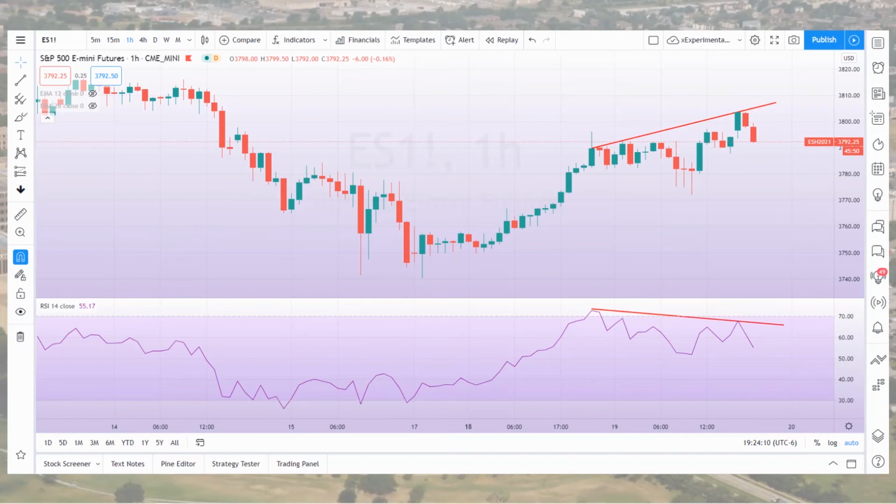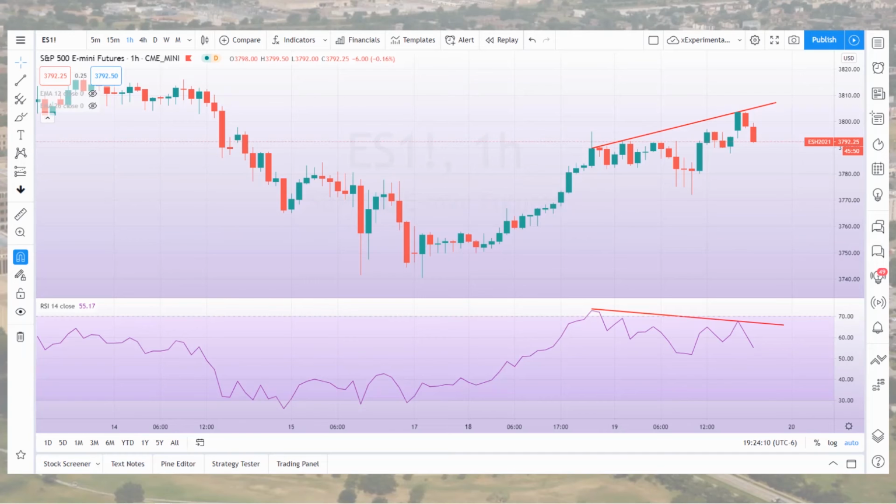The price is still pushing up, but the RSI is diverging to the downside, suggesting this might be headed down in the near future. One thing I want to point out is that when I draw the trend lines on the price, I draw the lines from the candle close rather than the high or the low. The reason is that the RSI is calculated from the candle close, so a long wick could skew the trend line.